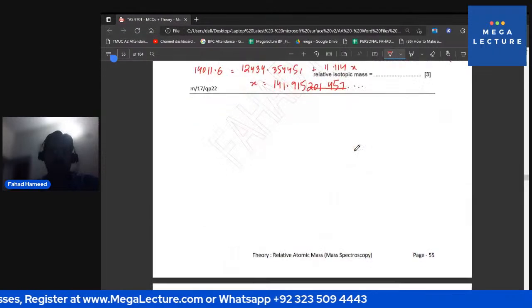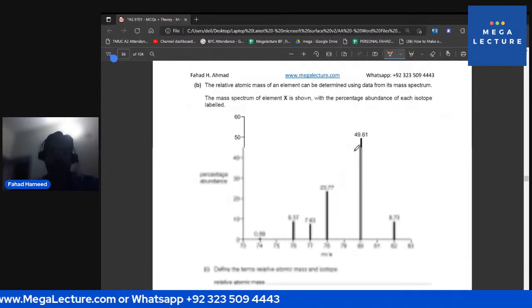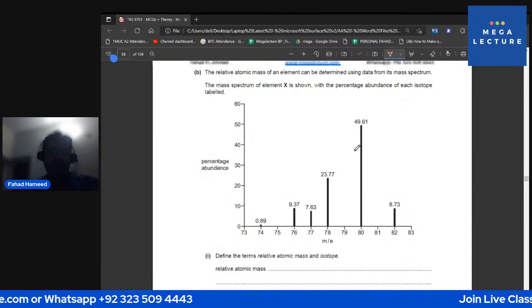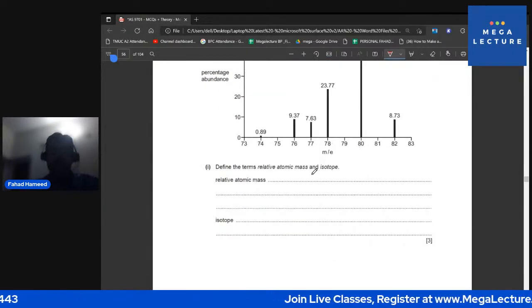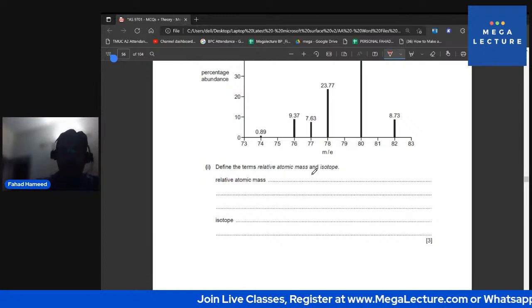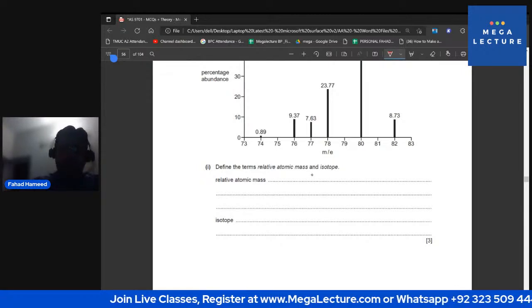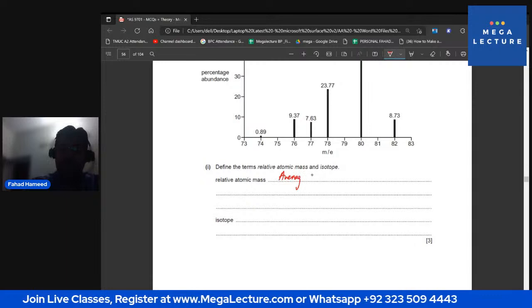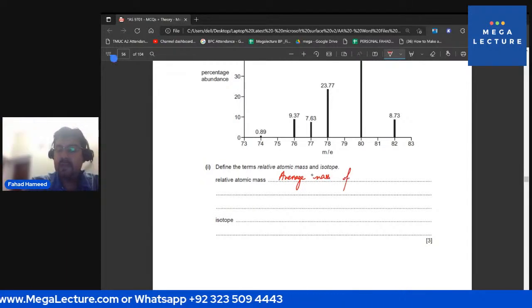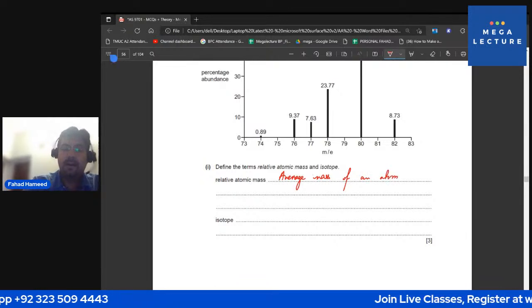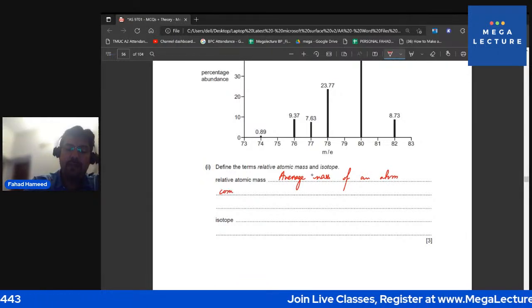So that's one example of a question. Here's another example. They're asking for the definition of the relative atomic mass. It's the average mass of an atom compared to 1/12 the mass of a carbon-12 isotope. Why is it an average?